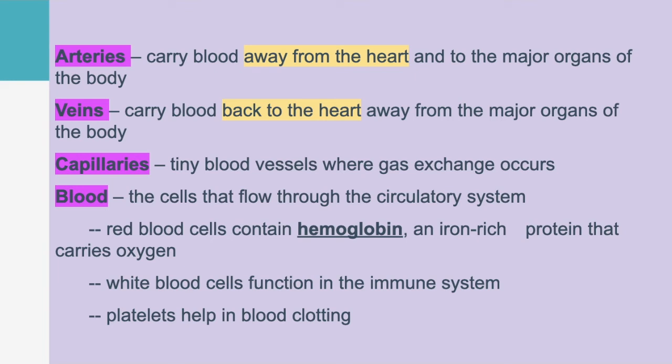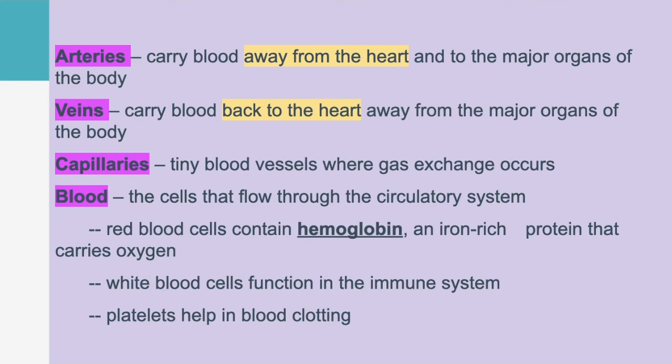We also have arteries that carry blood away from the heart into the major organs of the body, and your veins carry blood back to the heart, away from the major organs of the body. Capillaries are tiny, tiny blood vessels where gas exchange occurs, and then your blood is the cells that flow through the circulatory system.